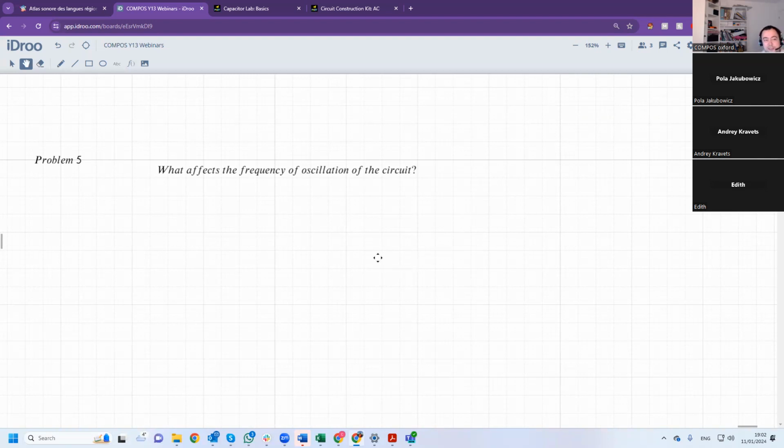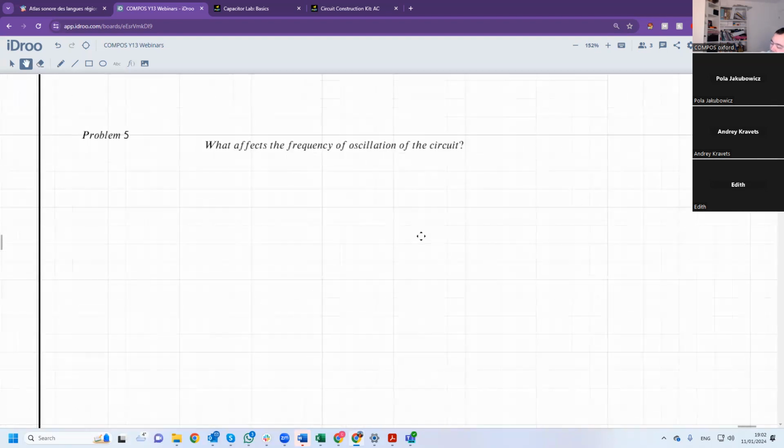Okay, what affects the frequency of the oscillation of the circuit? So you've seen that omega is 1 over square root of LC.